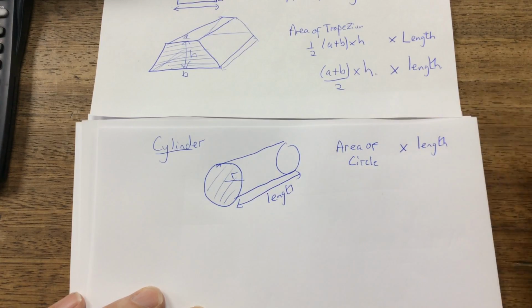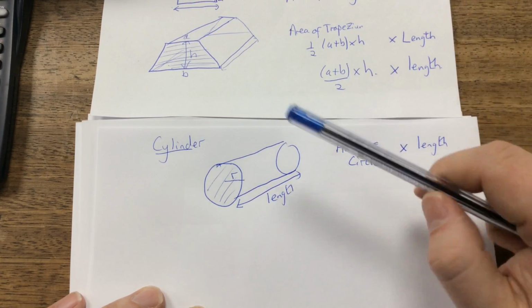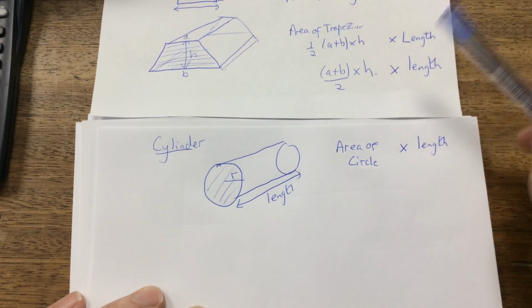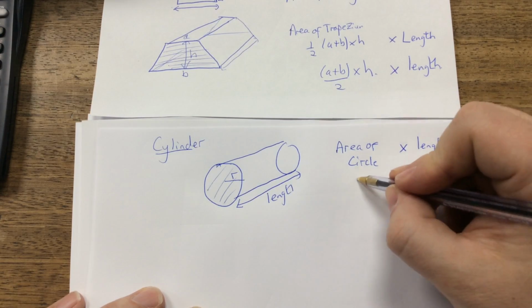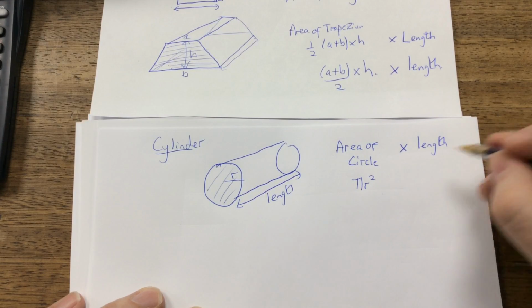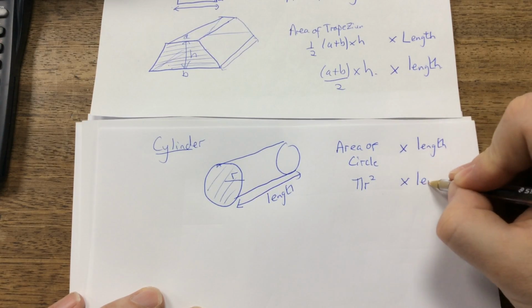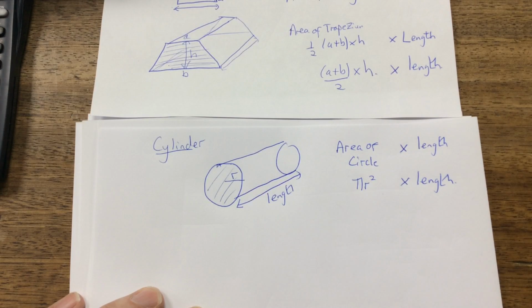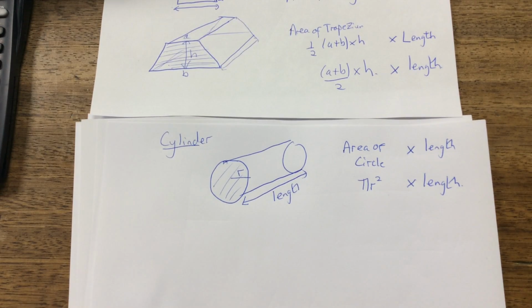All right, and if you remember from earlier, circumference is pi times diameter, the area is pi r squared. So it's pi r squared multiplied by the length going back.